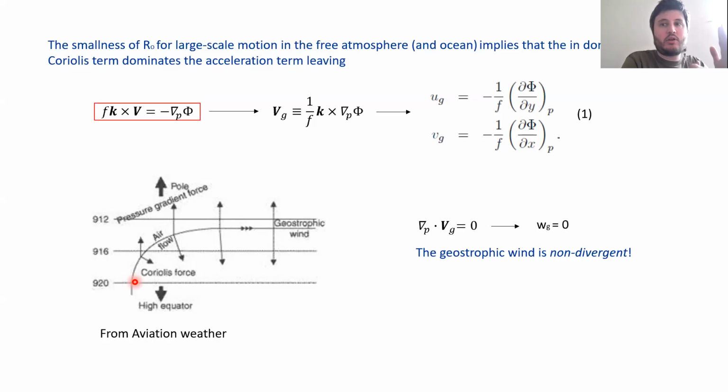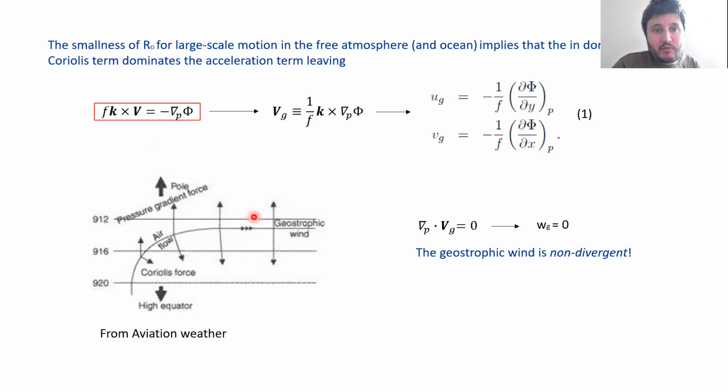Remember that it is perpendicular to the velocity, pointing to the right, so it deviates the particle to the right in the northern hemisphere. So the particle is going to keep accelerating and bending towards the right until when? Until the geostrophic wind is realized, or until the force due to the geopotential gradient equals the Coriolis force.